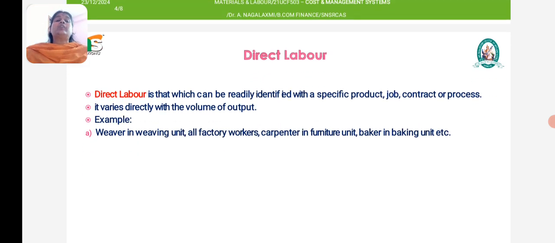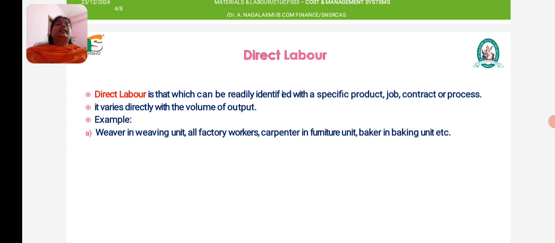Direct labor. Direct labor means the labor which can be really identified with a specific product, job, contract or process. Labor means nothing but the employees working for manufacturing a product. So direct labor means the persons who are directly involved in manufacturing. It varies directly with the volume of output. If more output is needed, more employees will be engaged in production.